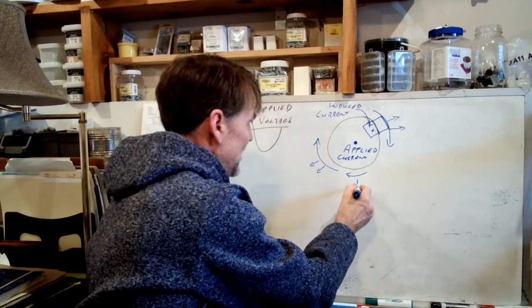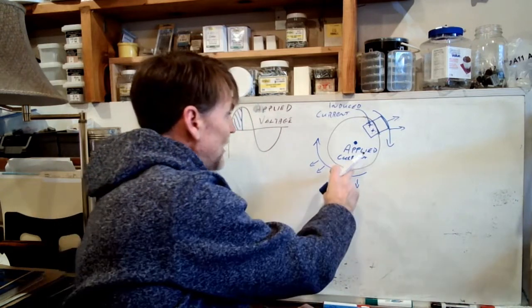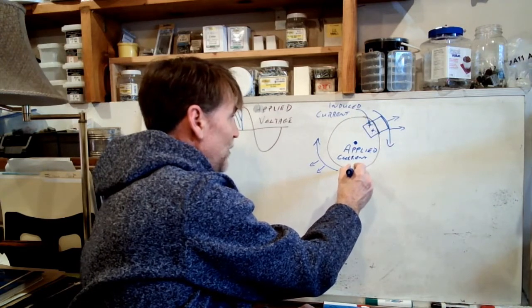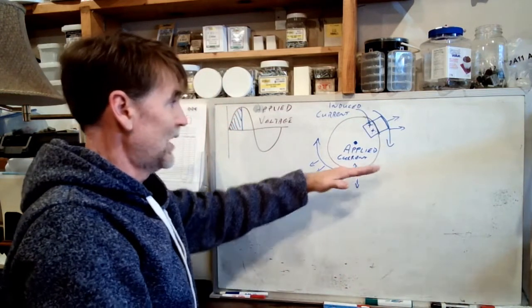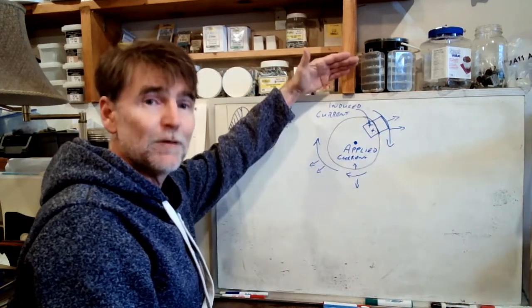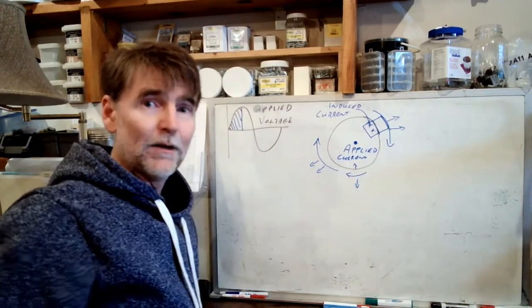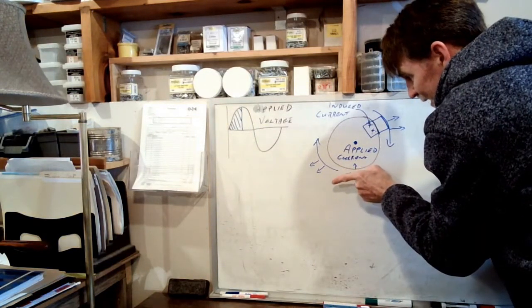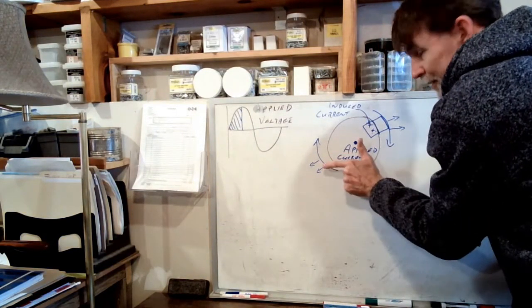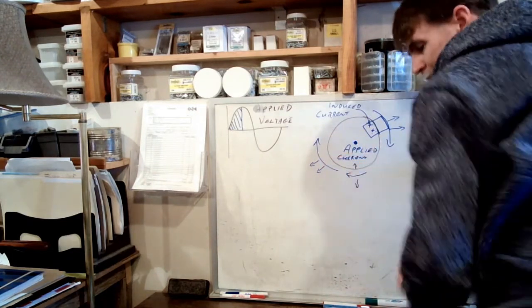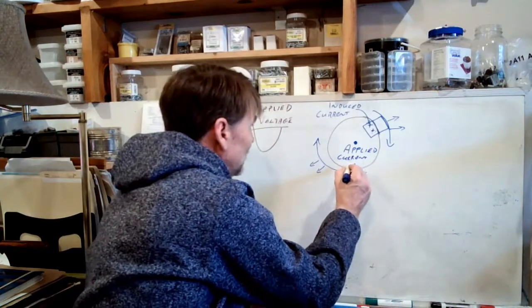Lines of flux are expanding, which means the relative motion of the conductor at this point is away from those lines of flux. The lines of flux are moving away from the conductor, which means the conductor is moving away from the lines of flux. And now I'm going to have to move over here. There's the direction of the flux. There's the direction of the thrust. There's the direction of the induced current into the conductor this way.